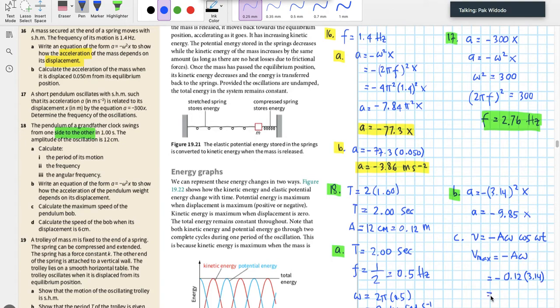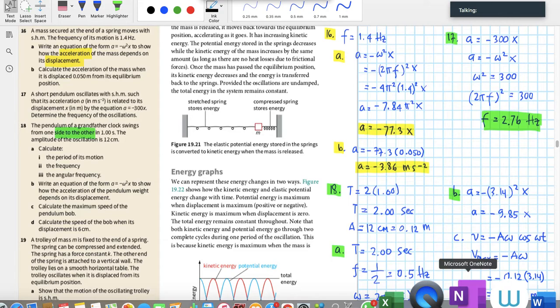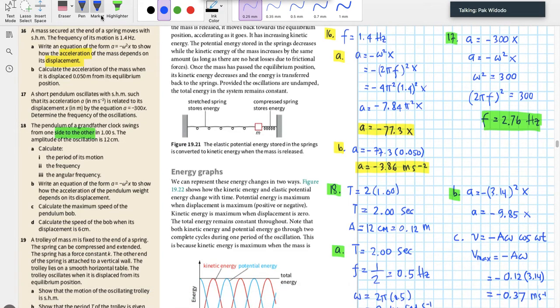So it equals negative 0.37, in meters per second. Okay.